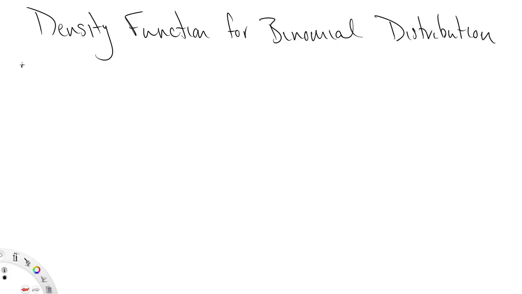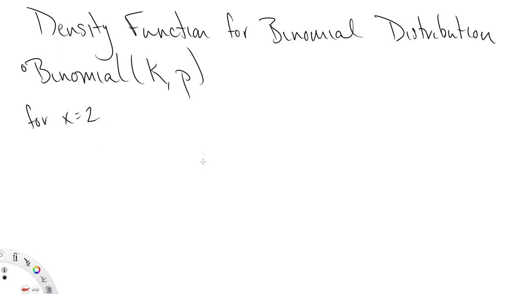Okay, so let's suppose we're working with a binomial(k, p) distribution. Then for x equals 2, we have the probability of any individual sequence of 1s and 0s equal to p to the second, because we only saw 2 1s, and each 1 has a probability of p, and we can multiply those together because they're independent, times (1 minus p).